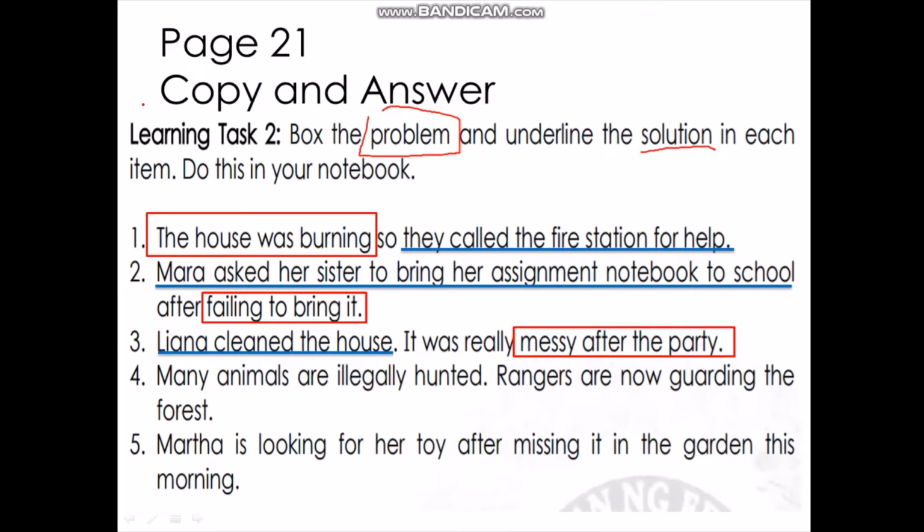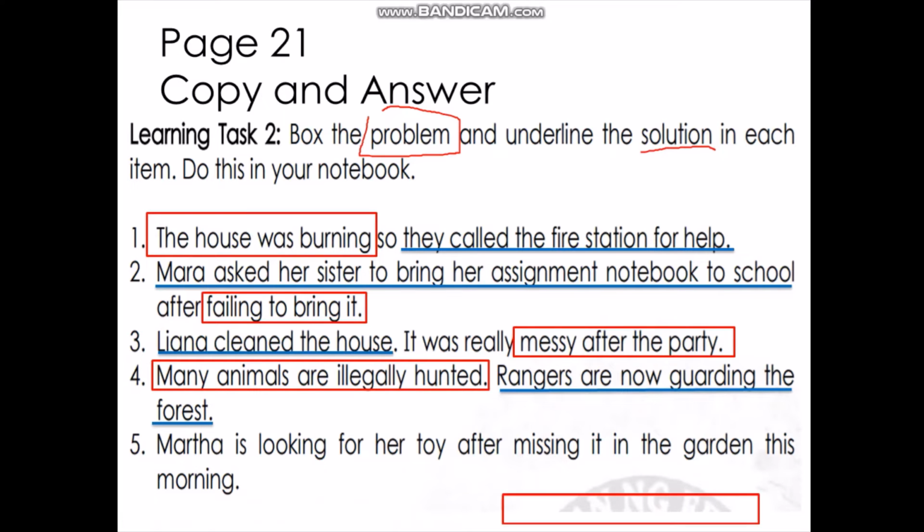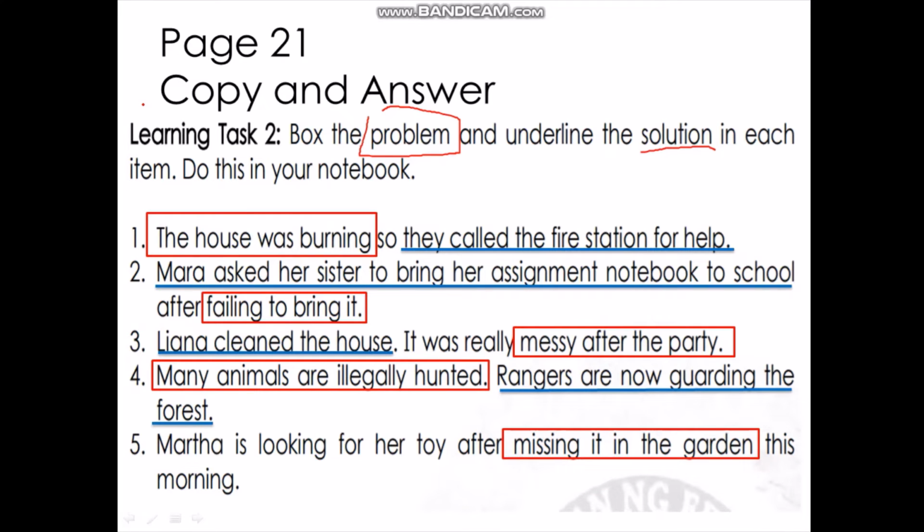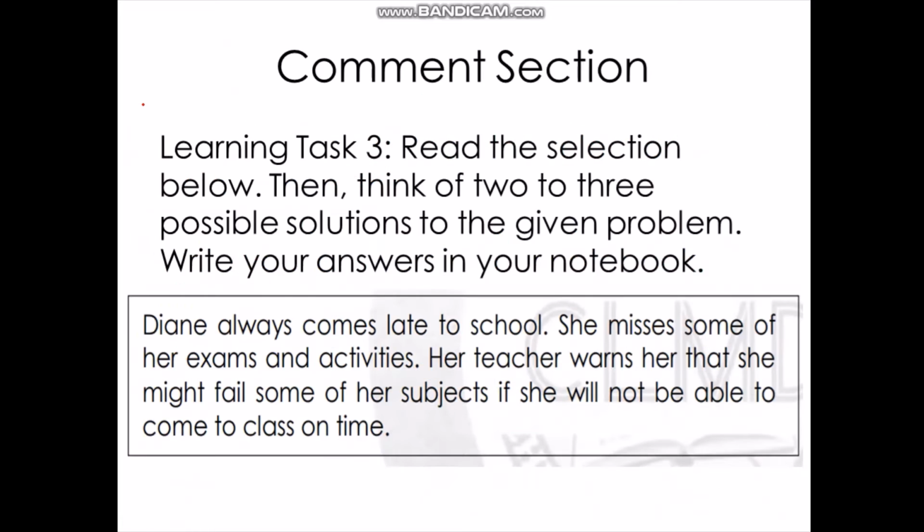Number 4, many animals are illegally hunted, so that is the problem. The solution, rangers are now guarding the forest. Number 5, missing it in the garden is the problem, and the solution, Martha is looking for her toy. So all in all, that is 10. If you got 10, good job.